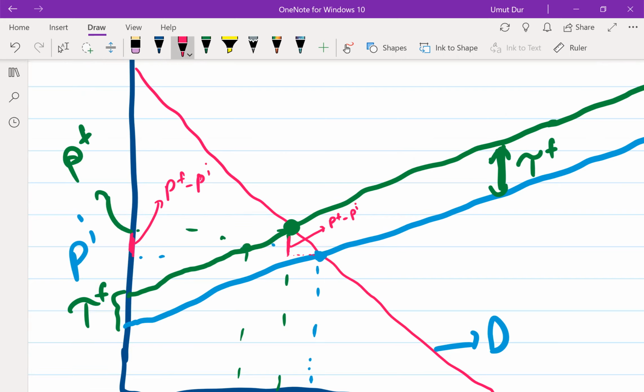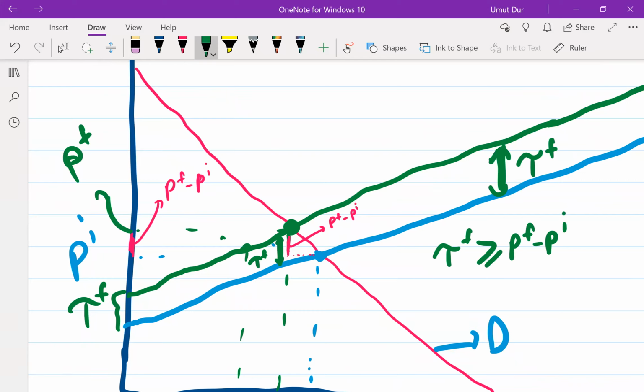But what is tau F here? Tau F here is this distance, which means that tau F is always greater or equal to PF minus PI.